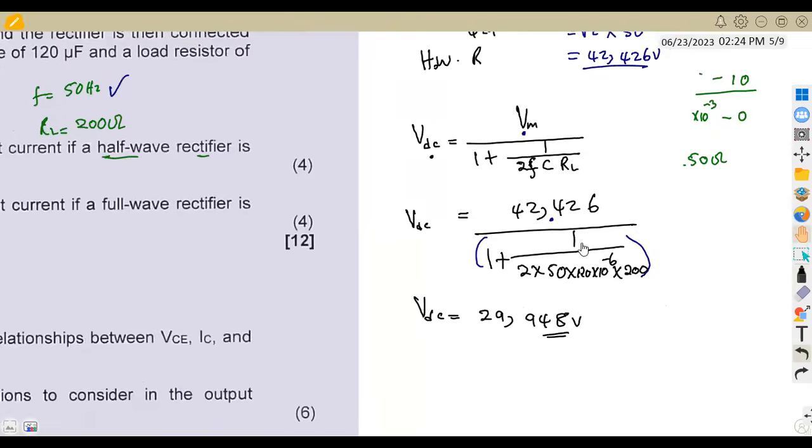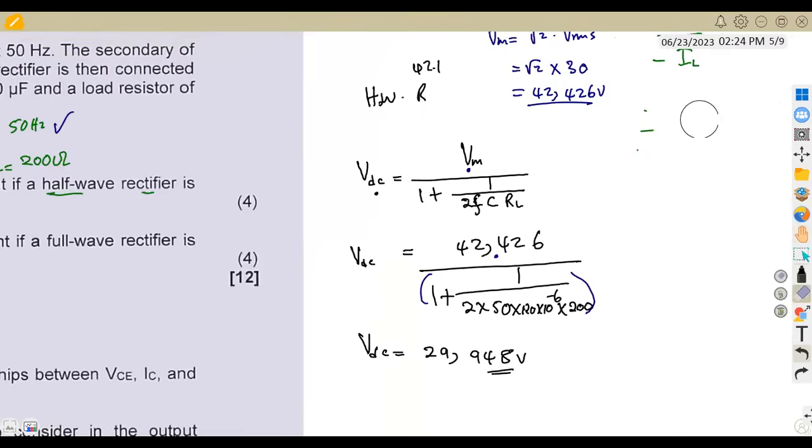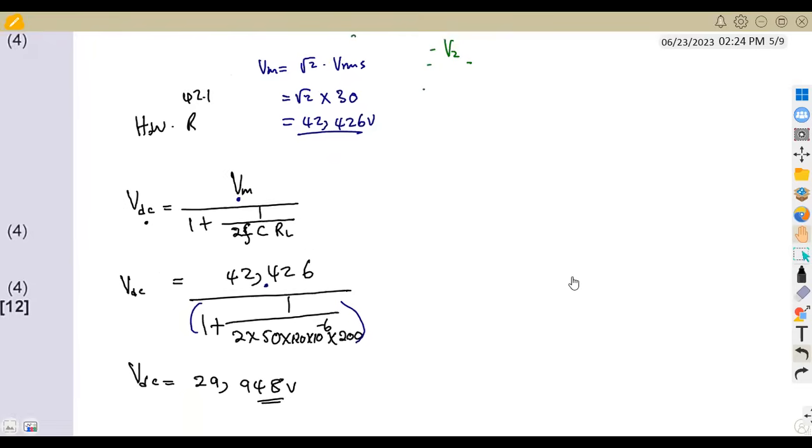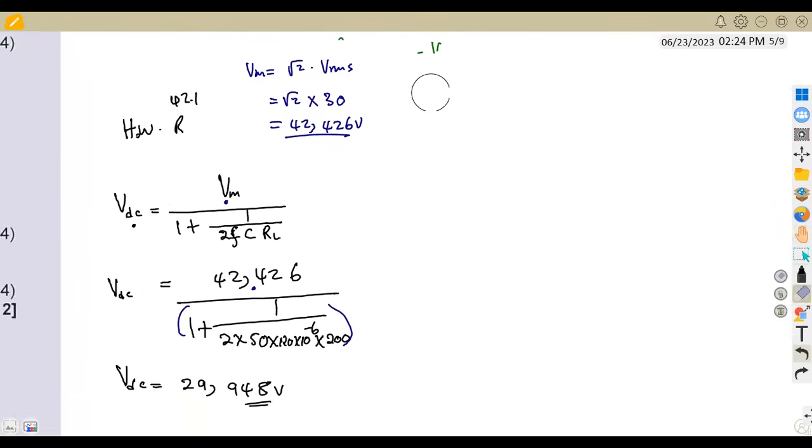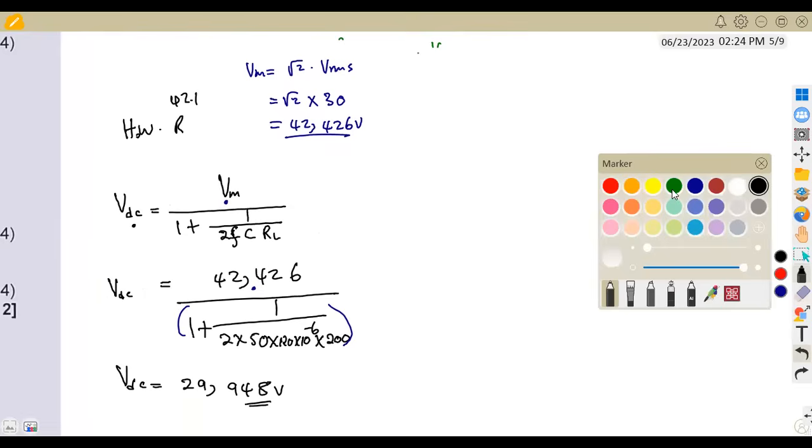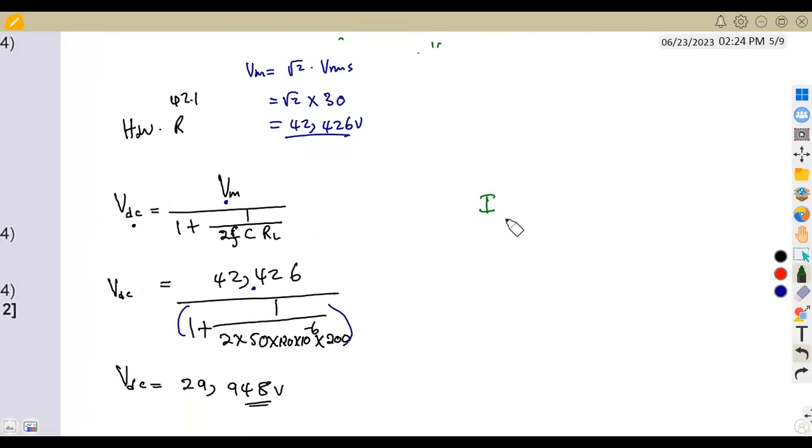And having the output voltage, it is going to be easier for us to calculate the output current. Remember, we are also told to calculate the output current. From the output voltage and the resistance that we have, our total DC output current is going to be the VDC over the load resistor. Our load resistor here is 200 ohms, and we calculated VDC as 29,948, divided by the resistance of 200 ohms.